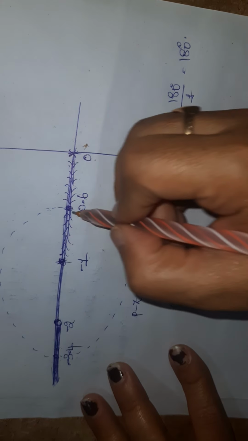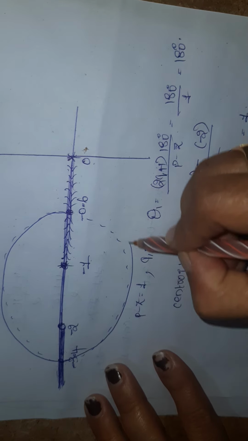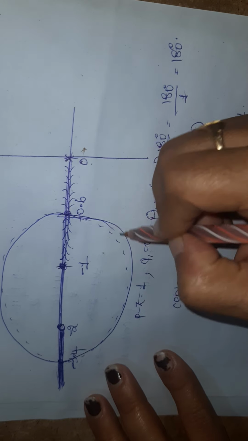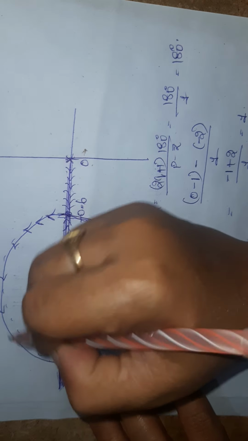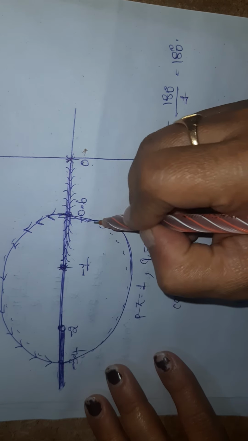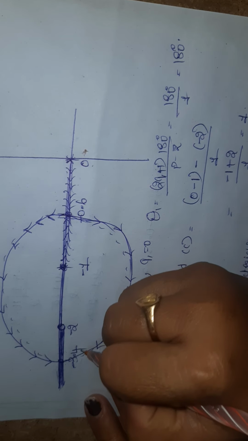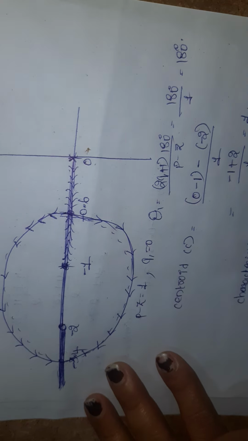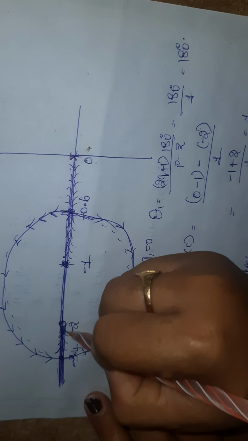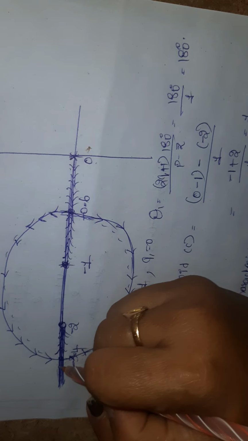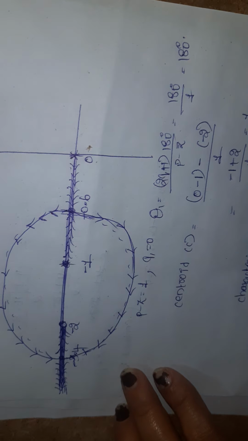This root locus branch will try to move, and this root locus branch will try to move. One is going to terminate at 0, and another one is going to terminate at infinity.